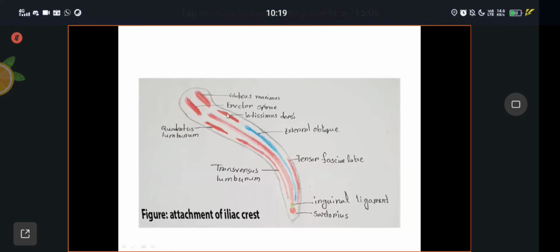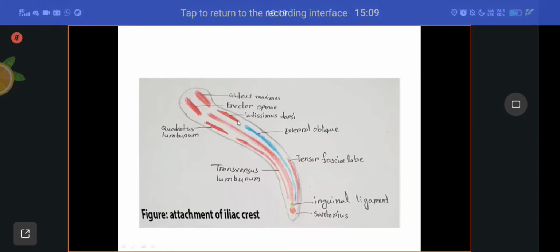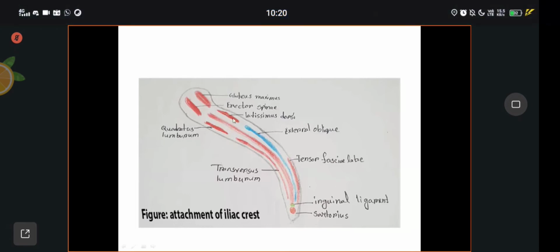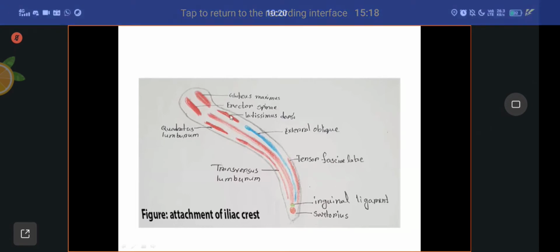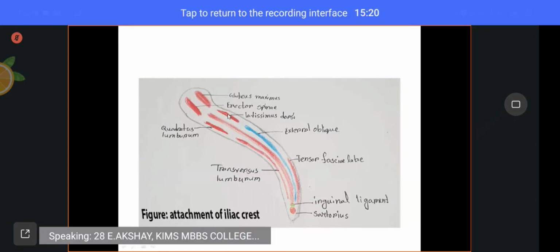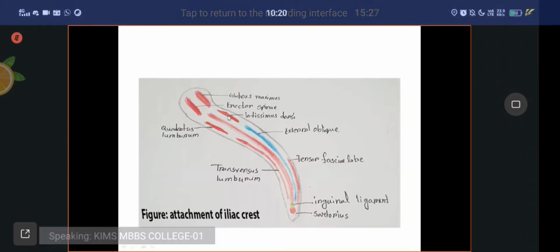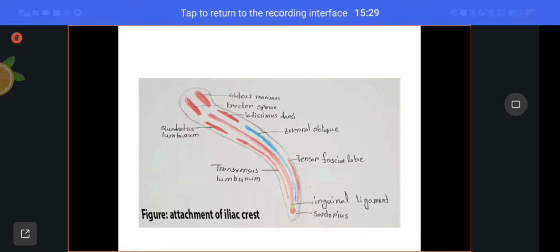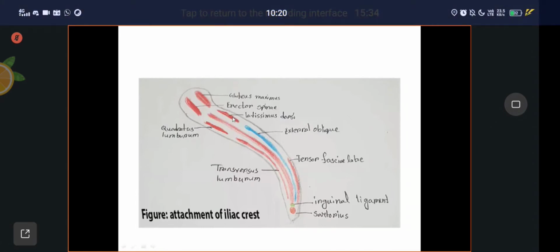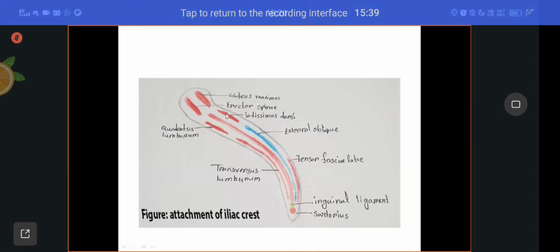If you remember, the latissimus dorsi muscle gets its origin from the iliac crest, and also from the inferior angle of the scapula, and is inserted into the humerus. This latissimus dorsi muscle helps you for climbing. So the climbing muscle is the latissimus dorsi muscle, right?